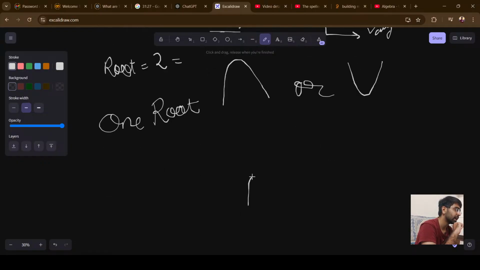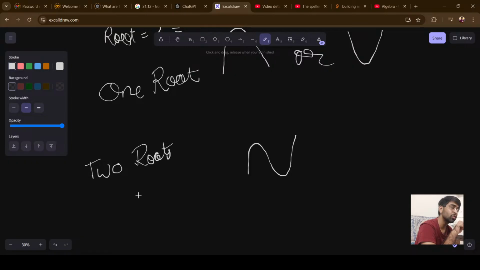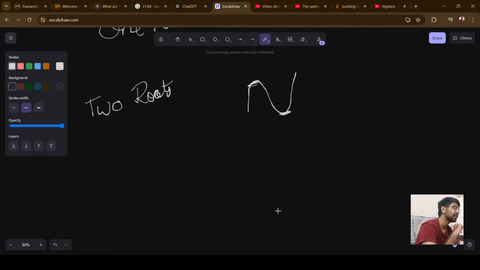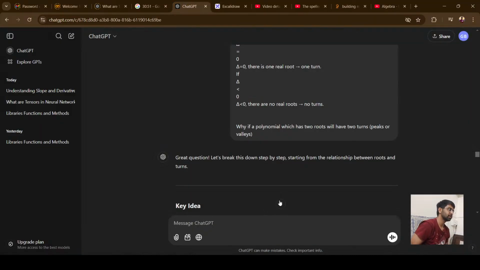Similarly, a graph like this will have two roots or two flat points where the slope is 0, right? For this, it is 1, 2, 3, 4, 5, 6. It has 6 roots.